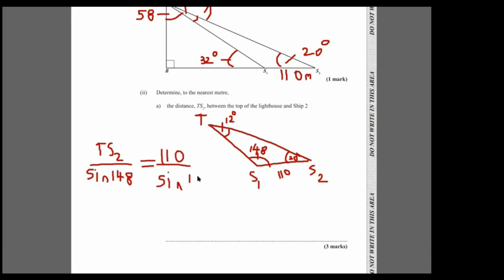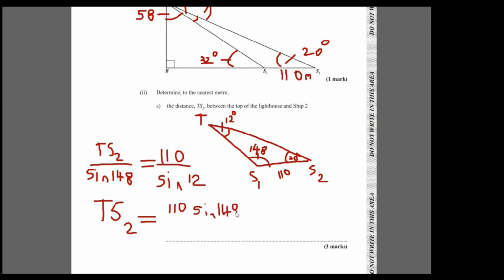All I do is cross multiply to get TS2. So TS2 is equal to 110 times sine of 148, all divided by sine of 12.